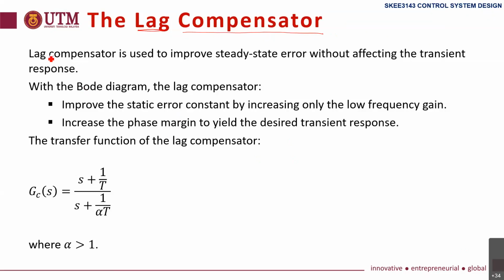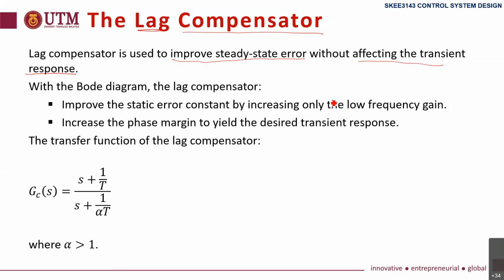Lag compensator is used to improve steady state error, without affecting the transient response. Transient response meaning here is the overshoot, rise time, settling time, peak time.